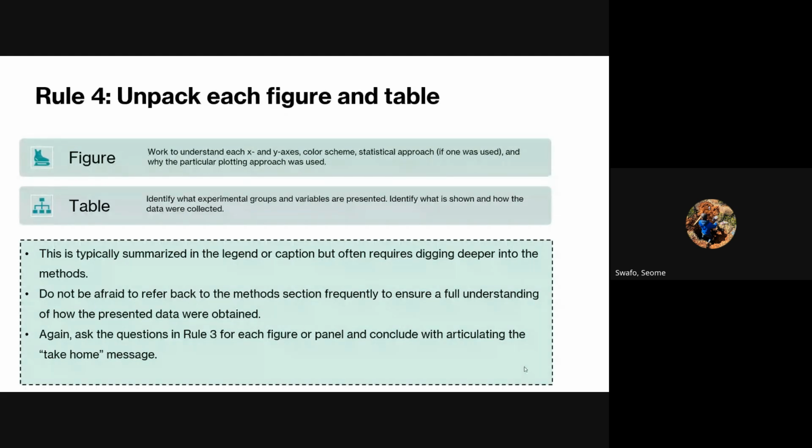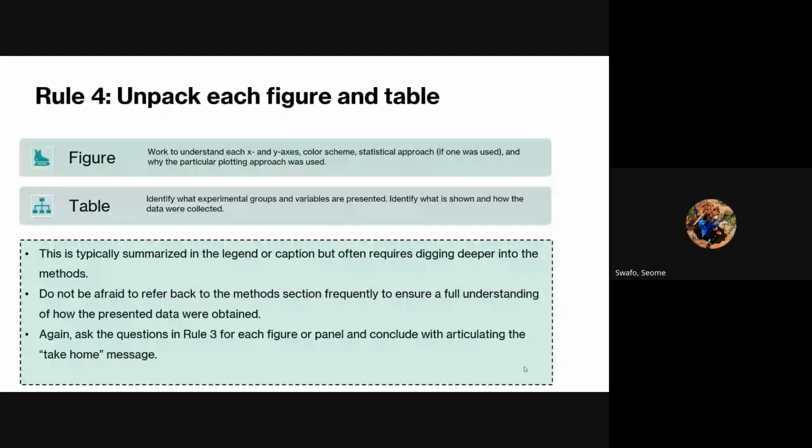A lot of us, when we unpack figures, we don't work to understand the x and the y axis. And we don't even care about the color scheme, about the statistical approach, even because there has to be a particular way people are representing their data.